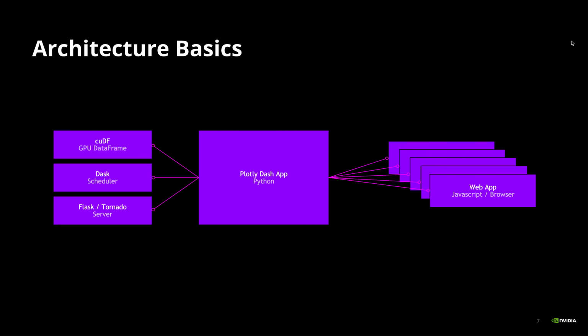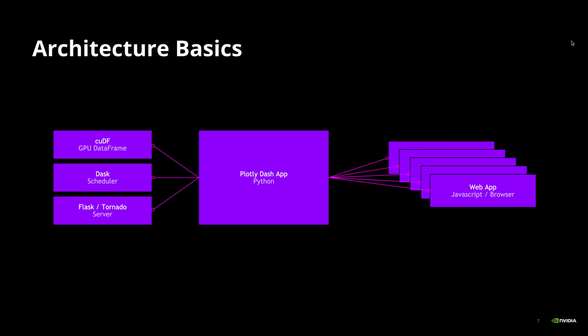Which brings us to the general architecture basics, a very simple version of it. Essentially you have your Plotly Dash app written in Python that queries the RAPIDS cuDF data frame on GPU, and all those interactions are scheduled through Dask and then hosted on a Flask or Tornado server depending on your needs, producing a web app accessible through your browser, with multiple instances of it.